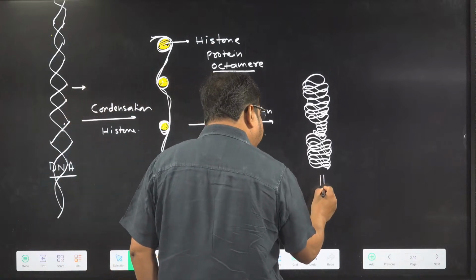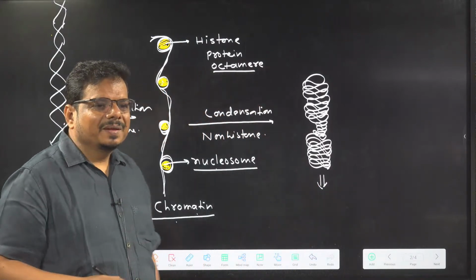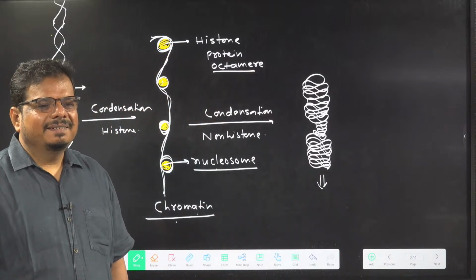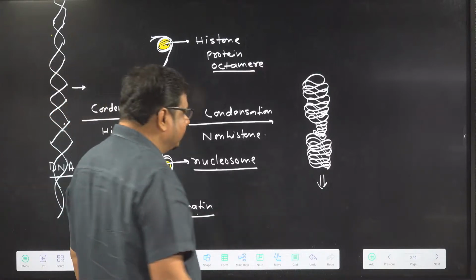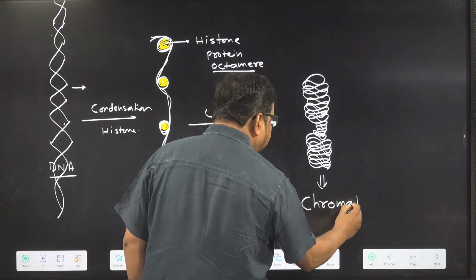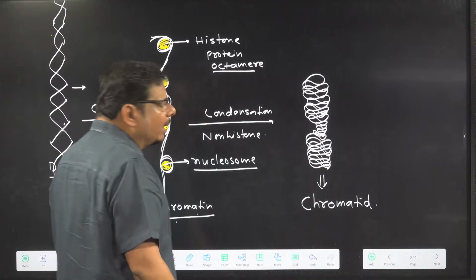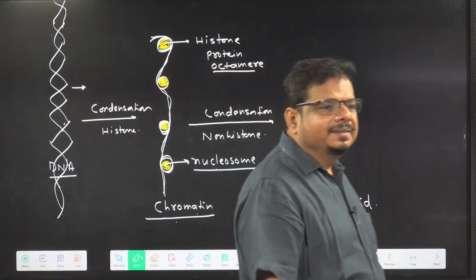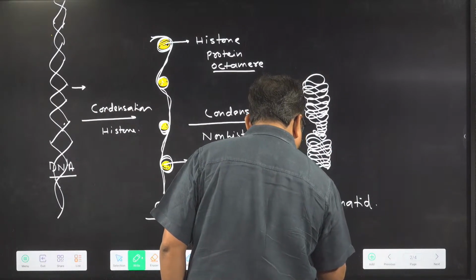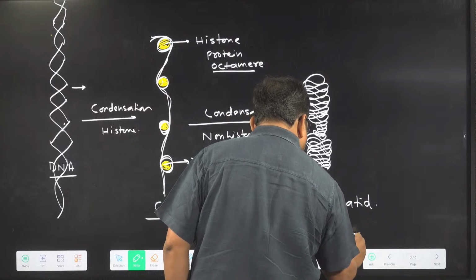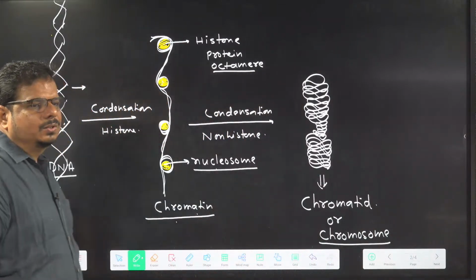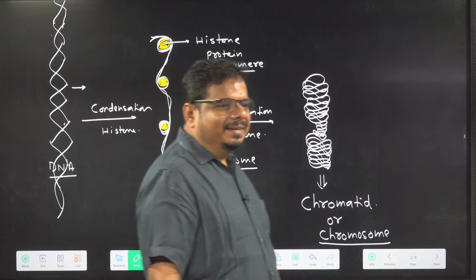What is this shorter and thicker structure called? This shorter and thicker structure is called chromatid. Or it is also called chromosome. Getting the idea?